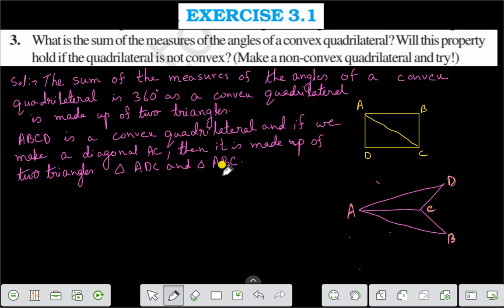And you know that the sum of the measures of the angles of a triangle is always 180 degree. Here there are two triangles in this quadrilateral, right?